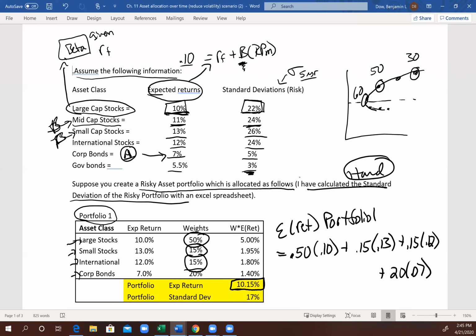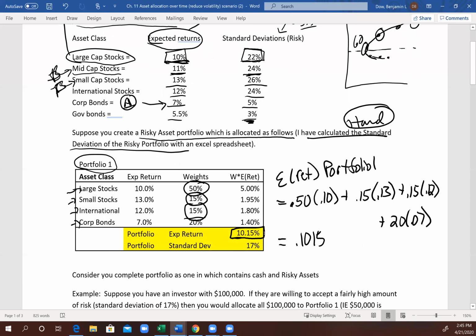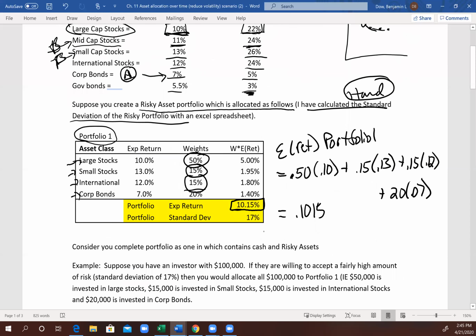Okay. All right, so you should be able to get 10.15%. And then this I calculated for you. Okay.